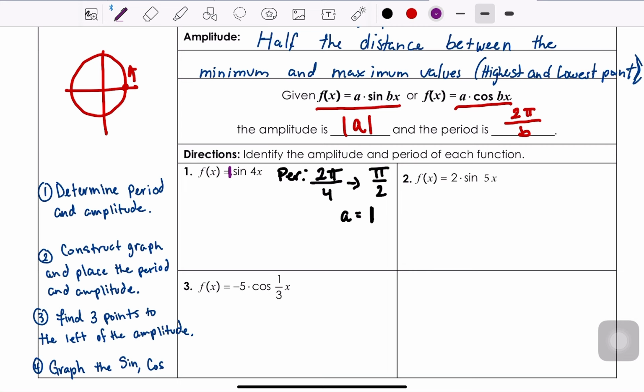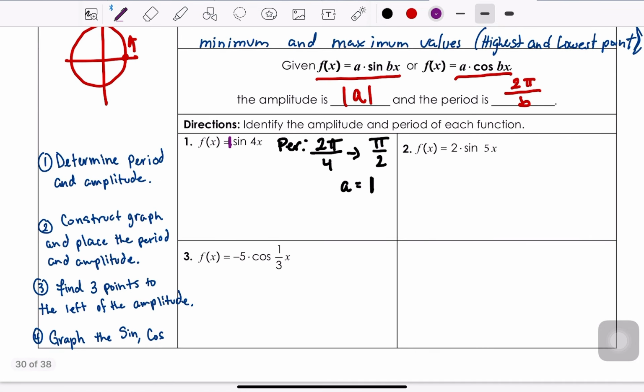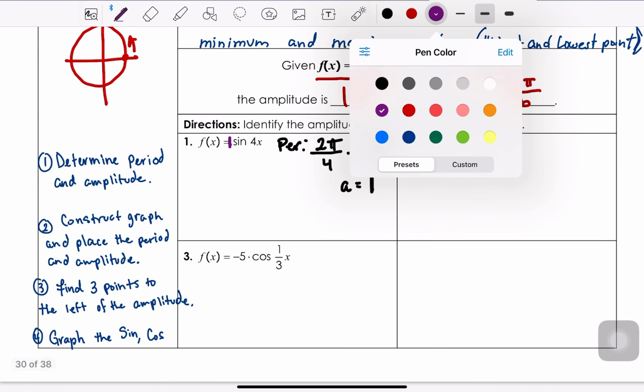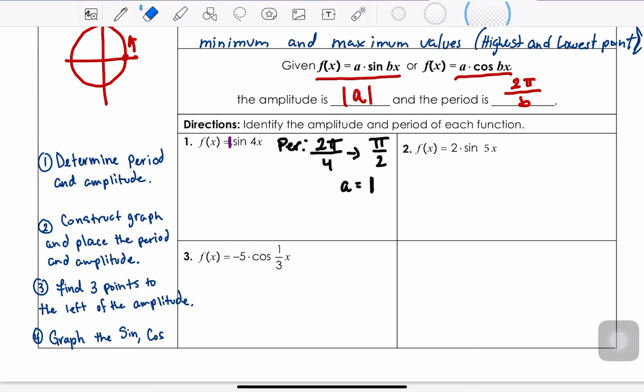So at this point, step 2 is just construct the graph and place the period and amplitude. Normally in a math class, if you're taking this course in college, you have to draw this graph, but for our purpose, you can just get away with one side of the graph. So in this case, we're going to stick to the right-hand side. If you truly get this down, you can reproduce another period.